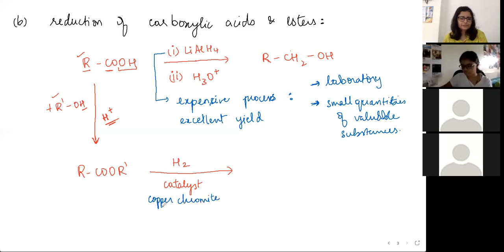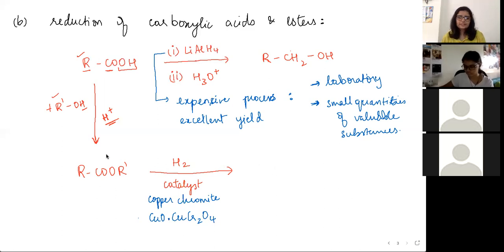The formula of copper chromite is CuO and CuCr2O4. This is the most common catalyst that is used. It's a mixture of these.